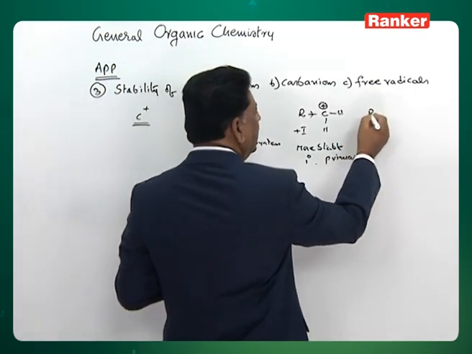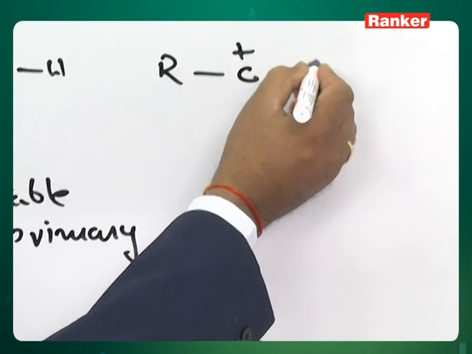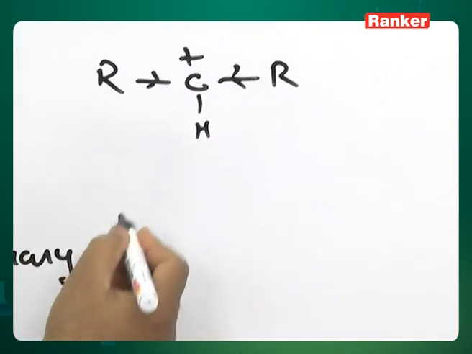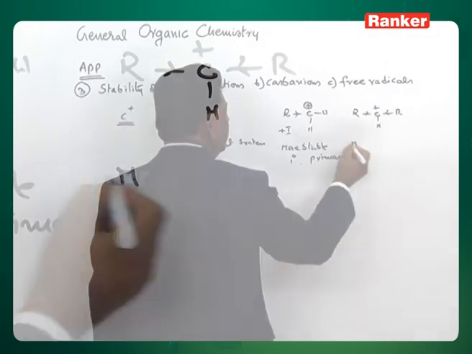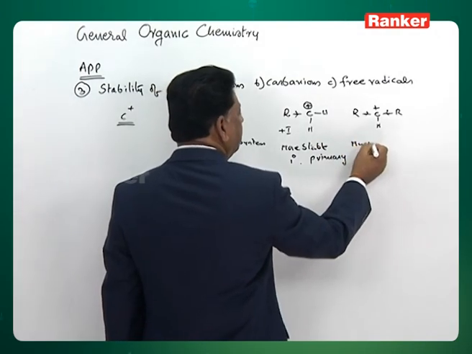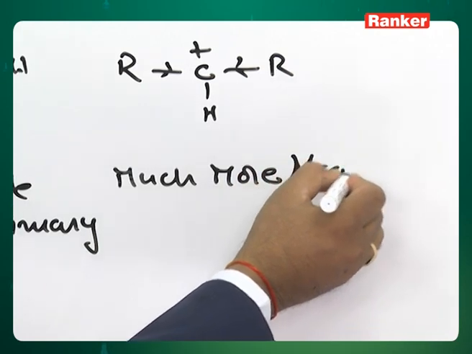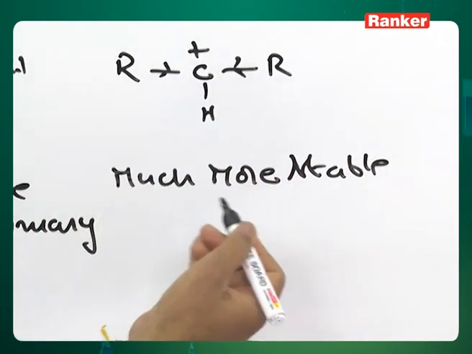Similarly, a carbocation having 2 alkyl groups and 1 hydrogen is much more stable. Okay. When compared with this one, it will be much more stable. Just a relative word I am using.